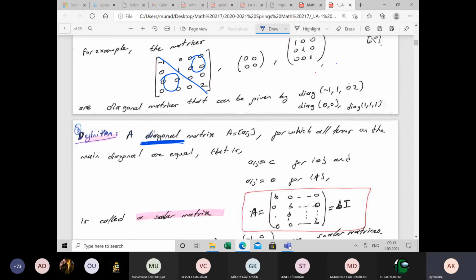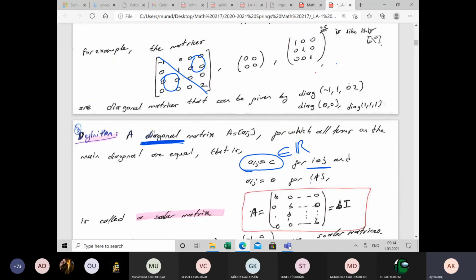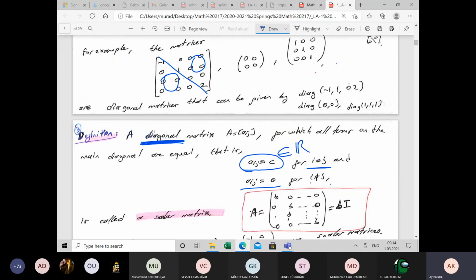Also look at the main diagonal entries. How to represent the main diagonal entries? If i is equal to j, this entry should be c, where c is a real number, a scalar, a fixed number c. And if i is different from j, it should be 0.